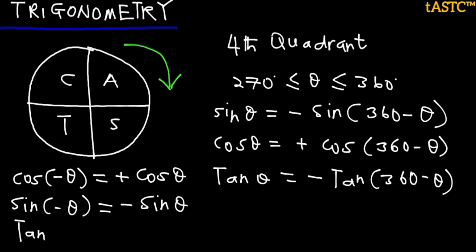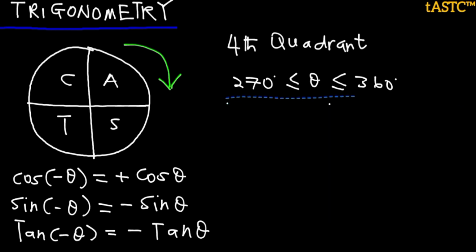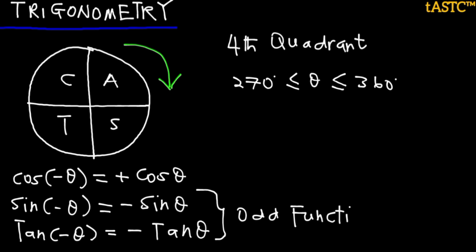Same thing goes for tangent of a negative angle. You're going to have a negative tangent of that angle. So what that means is sine functions and tangent functions are odd functions. So these are going to be called odd functions, and the other one is going to be an even function.